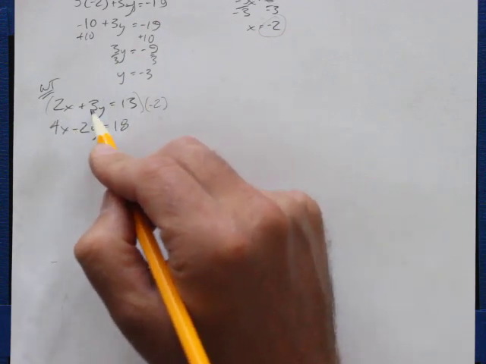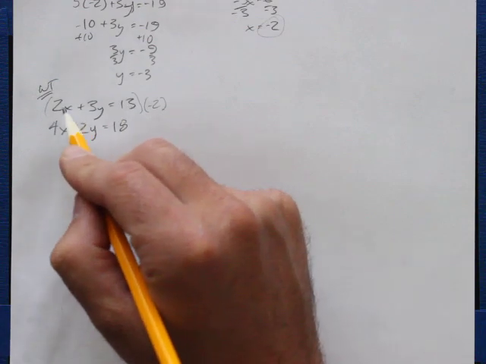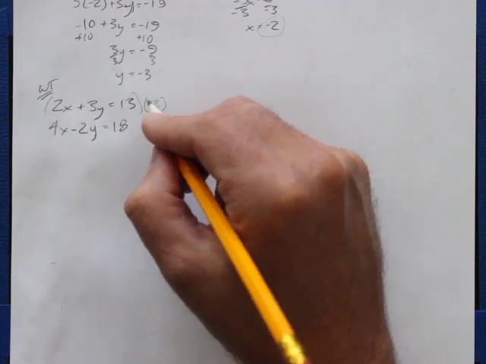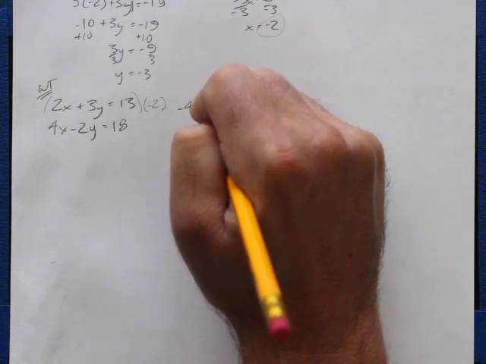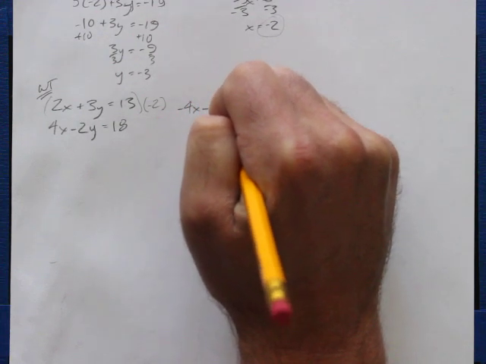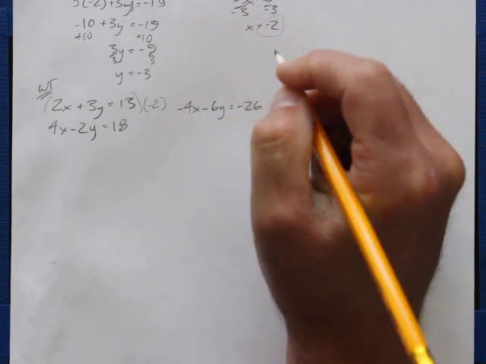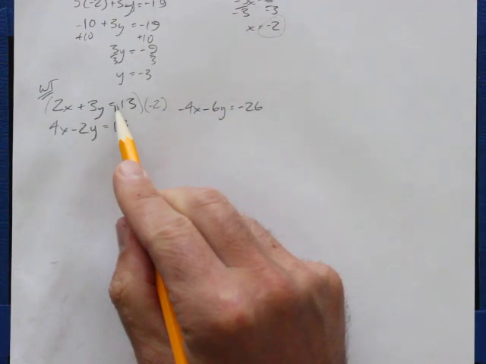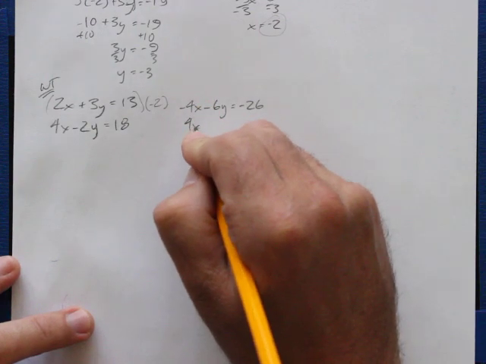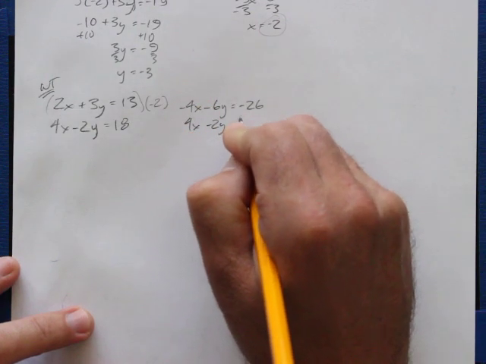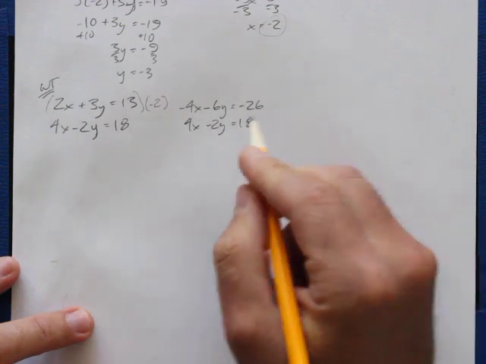And so I'm going to rewrite this having multiplied both sides by negative 2. Make sure that negative 2 gets to every single term. Negative 4x minus 6y equals negative 26. It's very easy to forget to multiply all of the terms. 4x minus 2y equals 18 is the equation on the bottom there.